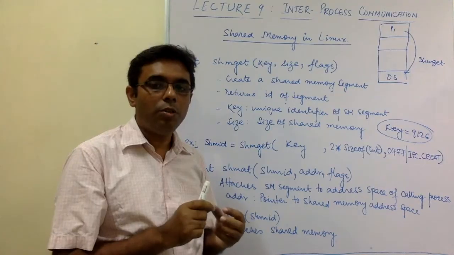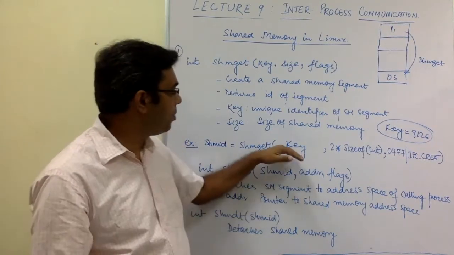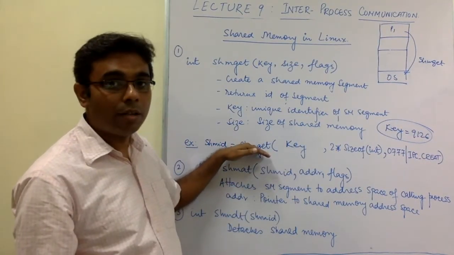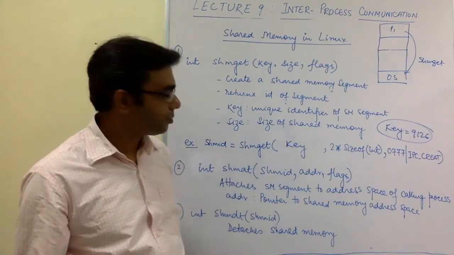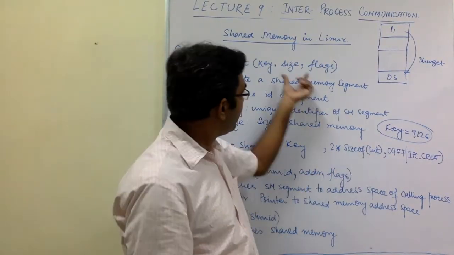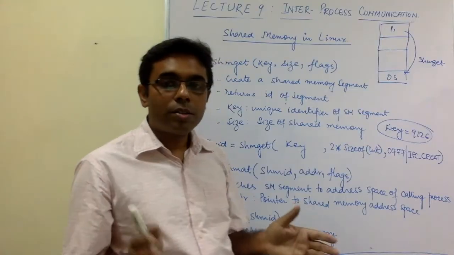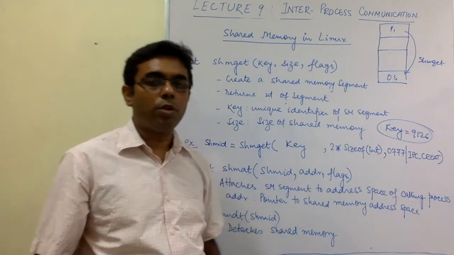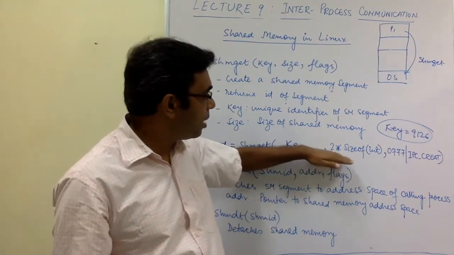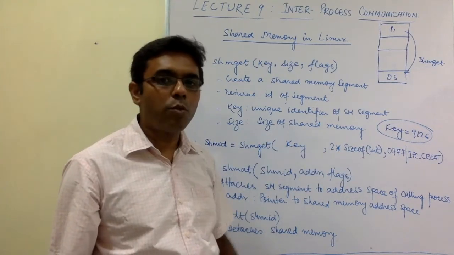This is the unique identifier that you attach to the shared memory segment, which will be created once the OS allocates it. Then second is the size, the size of the shared memory that you would like to create. In this example, we create an array of 2 integers.